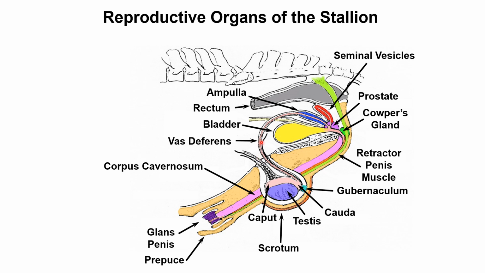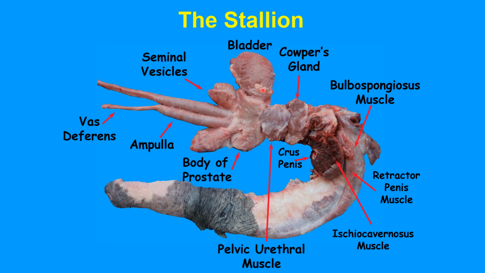Then we have the vas deferens, the urinary bladder, the ampulla, the prostate gland, the seminal vesicle, the Cowper's gland, as well as the retractor penis muscle. This diagram is the actual specimen for the stallion.